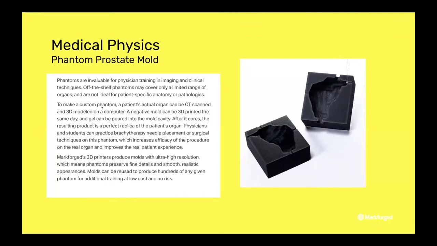So basically, what Markforged materials enable is not only high strength, but excellent surface finish. And what that in turn enables is the creation of prostate molds, which are typically for polyurethane. So in this case, this was for a prostate, and this was also used for education purposes.